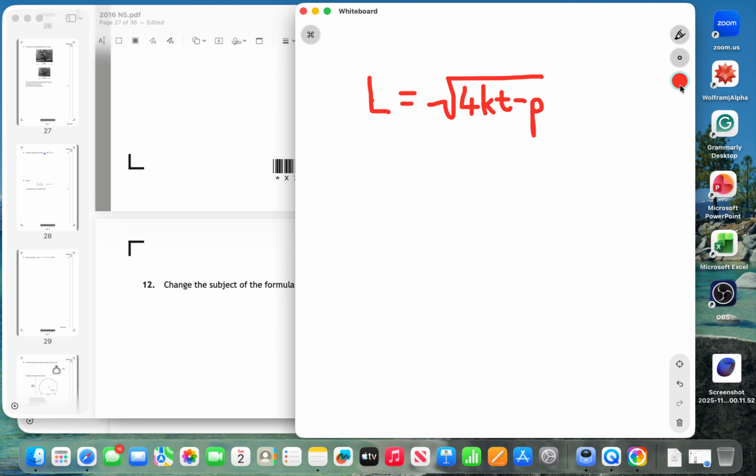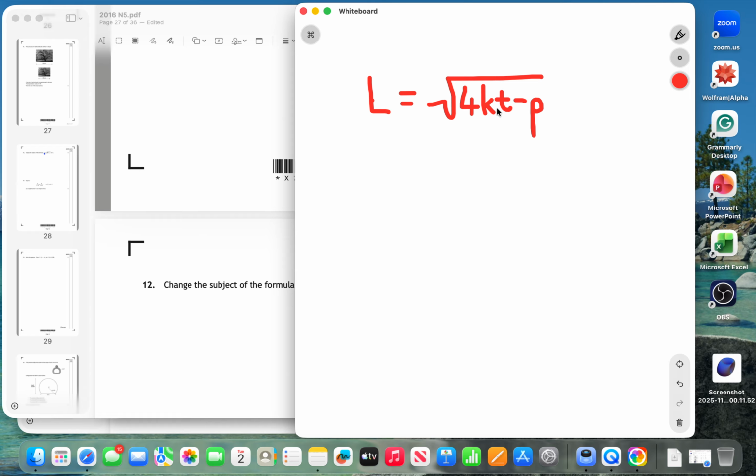With equations you do the inverse, so you do the opposite. For example, if it's subtracting, you add to cancel out, and you do the same to both sides. So we have a square root, and we have all of this underneath the square root.